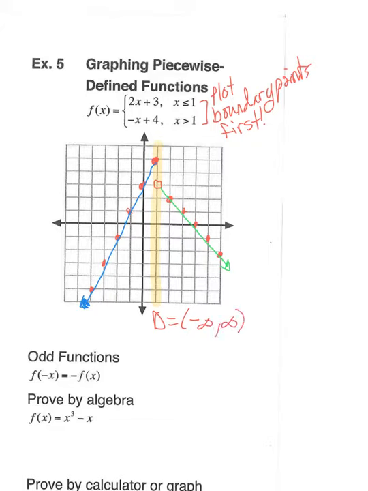Now for your range, it is restricted. For range we go from low to high. So all the way down here, notice that these are continuing down and to the left, down and to the right. So we have a graph down here infinitely. But as I rise, there's no more graph after this point. So this is the highest point of the graph. My highest point is all the way up here at 5 on the y-axis.